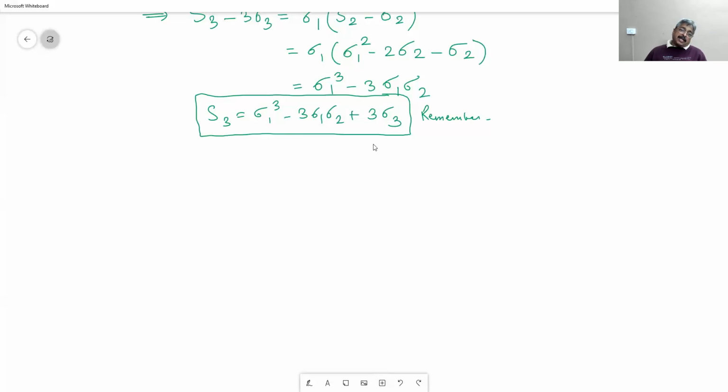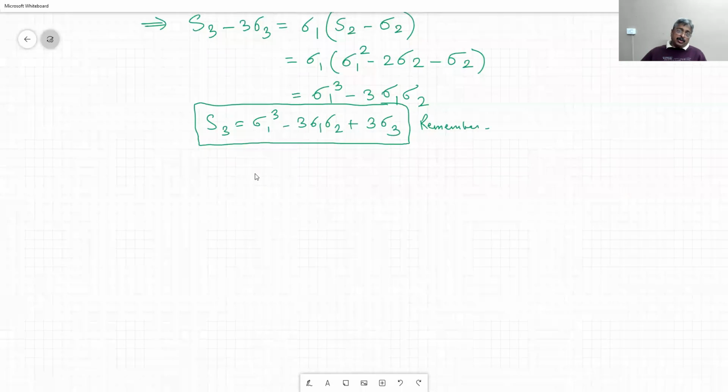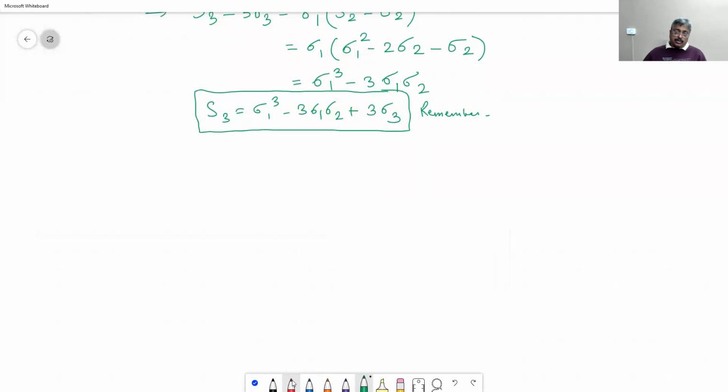So S3. Question: if I have a quadratic equation, what will be S3? If there are only two roots, alpha 1 and alpha 2, quadratic, then what is S3?